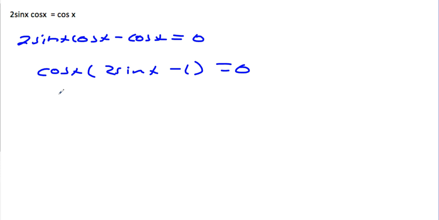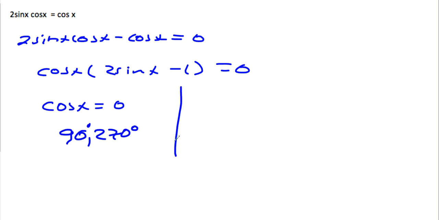I'm going to do cosine of x is equal to 0, and of course that's going to be your x coordinate, and you're going to have 90 and 270. And over here, you're going to have 2 sine of x minus 1 is equal to 0. Add 1, divide by 2, and you get sine of x is equal to a positive 1/2.